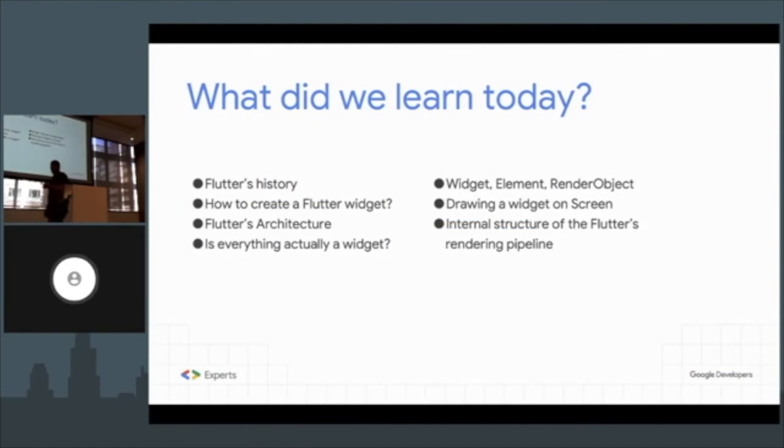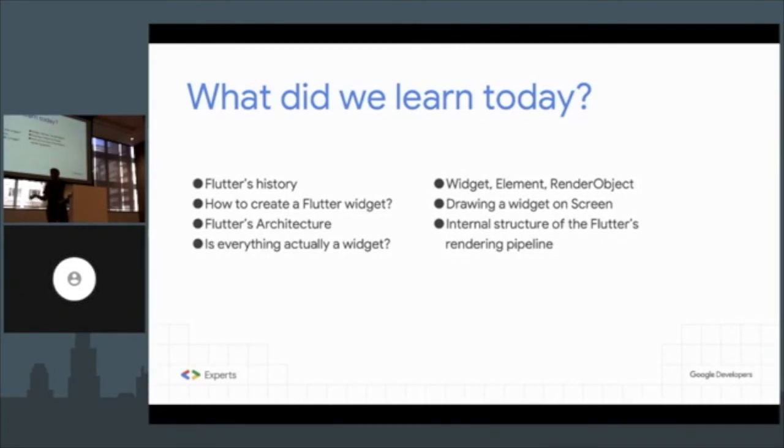So far, what we have learned about Flutter's history. I don't know if you know that it was a web project, if it was using JavaScript before. The initial name of it was Sky. I don't know if you knew it before. You know how to create a Flutter widget. We've seen the layered architecture of Flutter. We actually talked about whether everything is a widget.